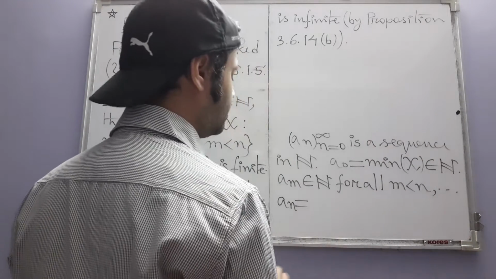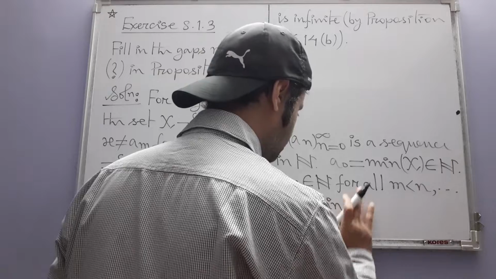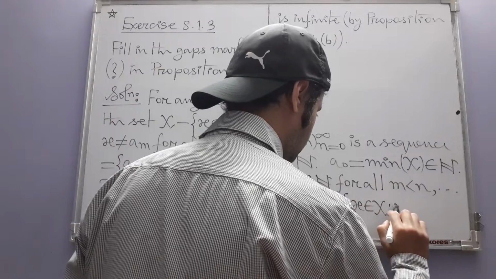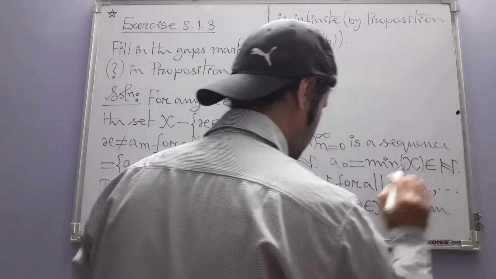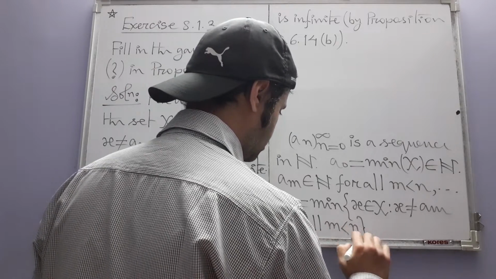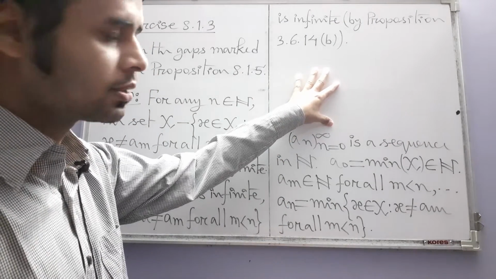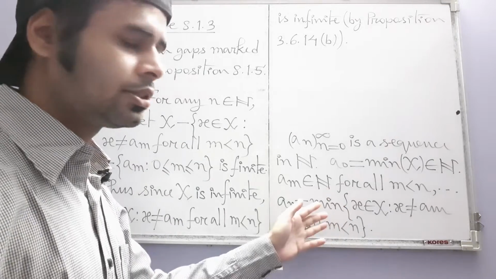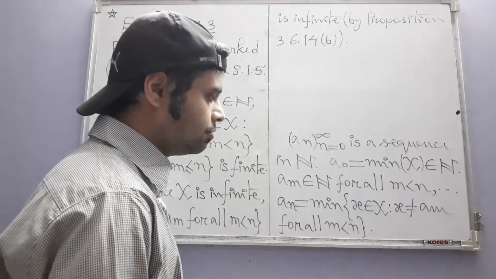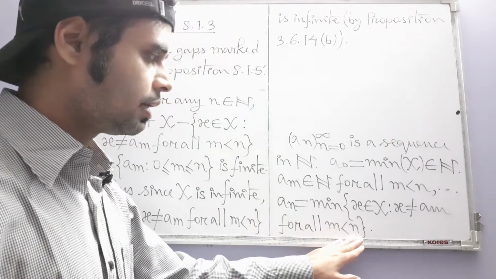By definition, a_n is what? a_n is the minimum of this set, not equal to a_m for all m less than n. Now, do you remember that after defining the sequence recursively, we also first of all made sure that the definition is a sound definition, that it makes sense. And in doing so, we proved that each such set is a non-empty set.